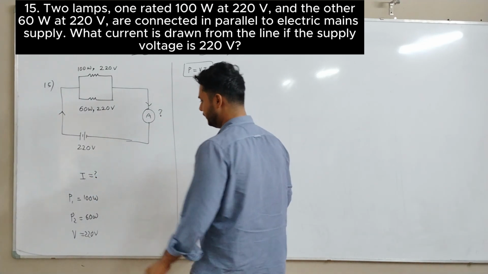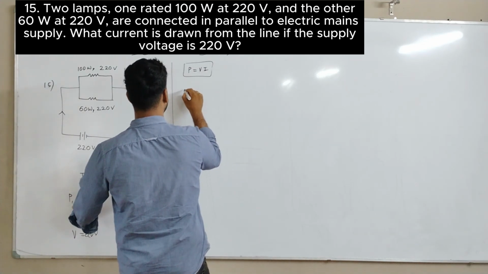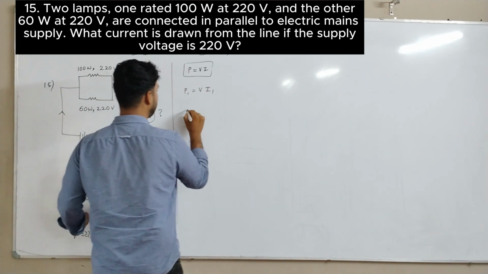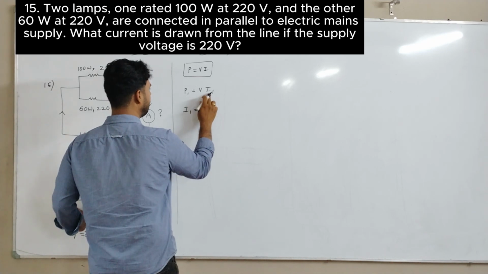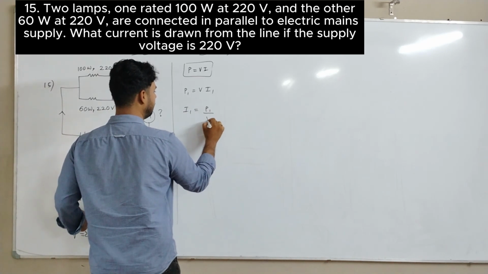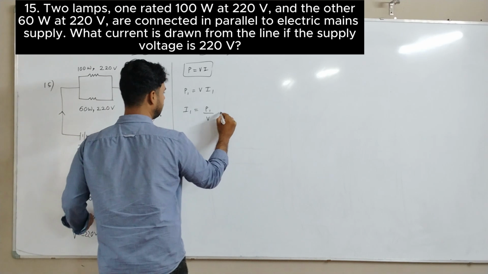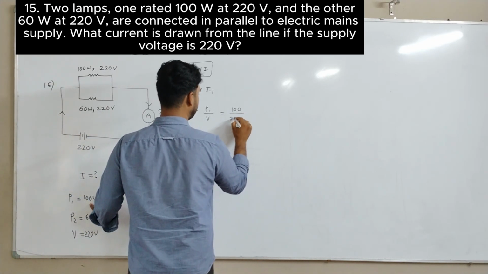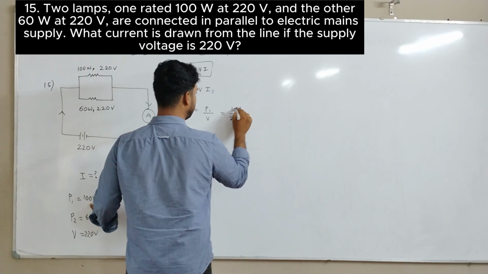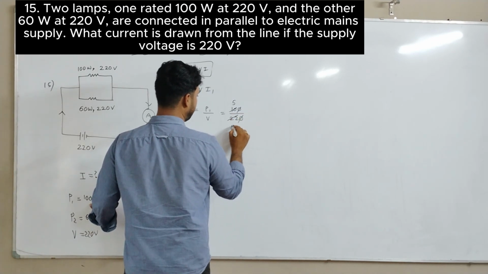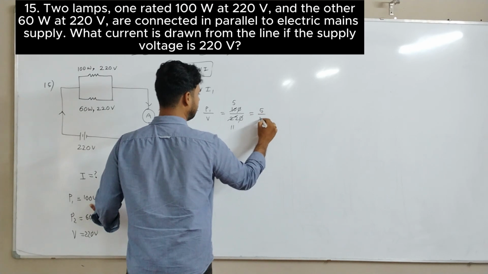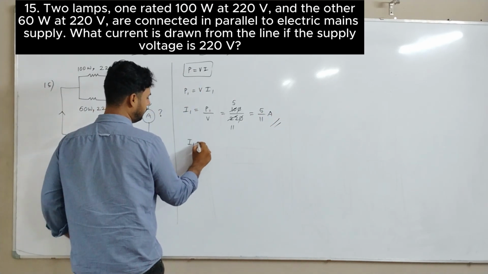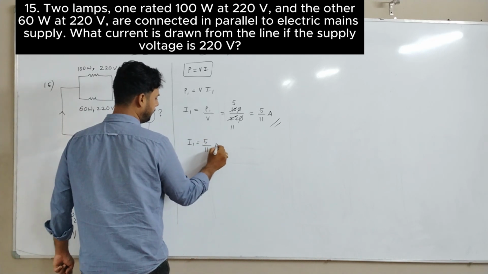So P1 is equal to V I1. I1 is equal to P1 by V. P1 is 100 by 220. Zero cancel, 5 by 11 ampere. This is I1. I1 is equal to 5 by 11 ampere.